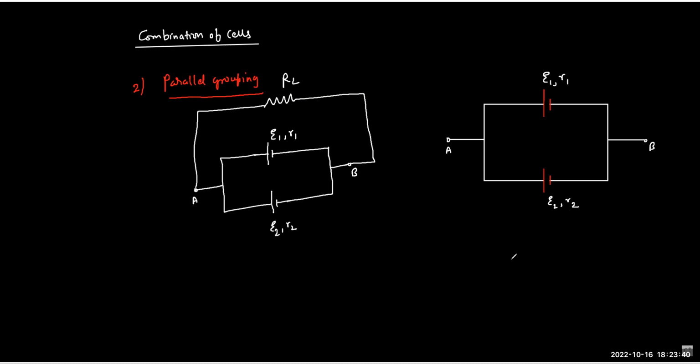Now, to make it more user friendly, let's convert this real cell into a combination of an ideal cell and a series resistance, right? You can redraw something like this, if you remember from the last class. So can we redraw like this?